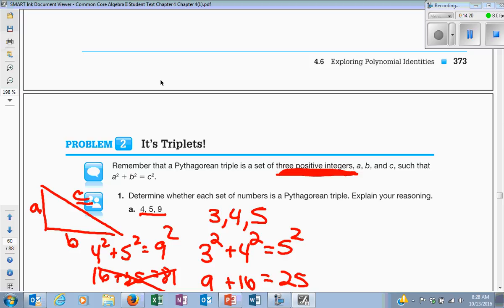What does that say? Positive what? Integers. Really, it actually shouldn't say integers. That irritates me. Stupid book. What should it say?